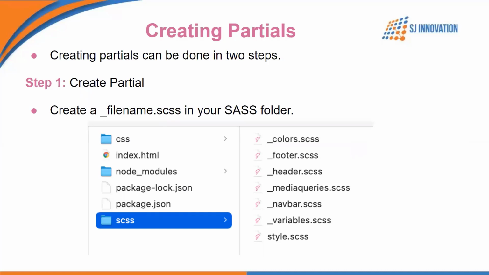Creating partials can be done in two steps. To create a partial, we have to use an underscore. Here style.scss is our main SASS file, and those are our partial files. As they start with an underscore, it will automatically know that these are partial files of this file.